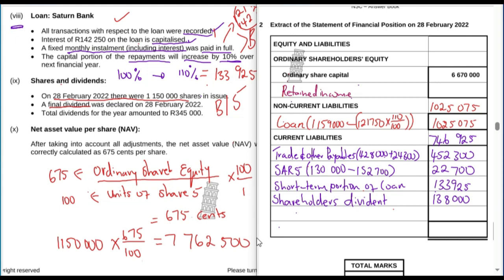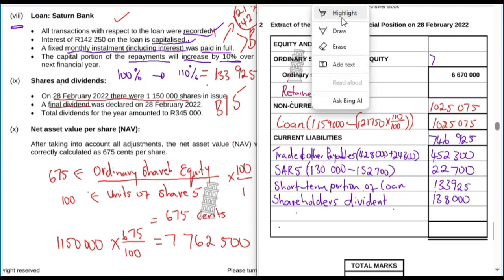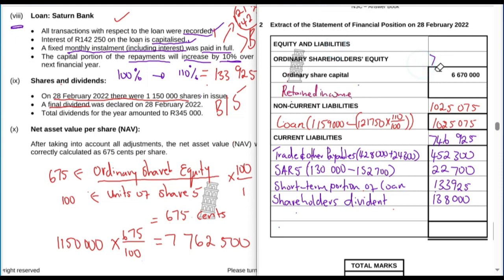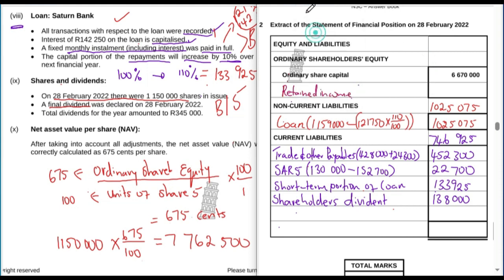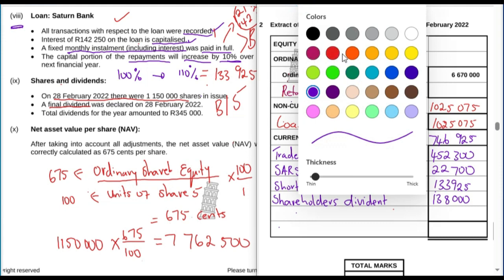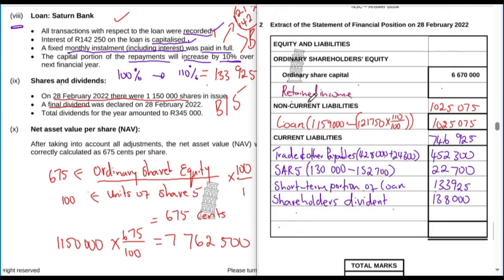And then this amount we immediately record it under our ordinary shareholders equity as 7,762,500. And then in this case we can take this amount minus our ordinary share capital, so that we have our retained income.